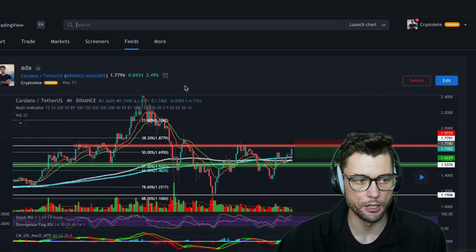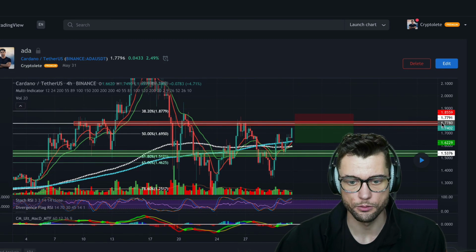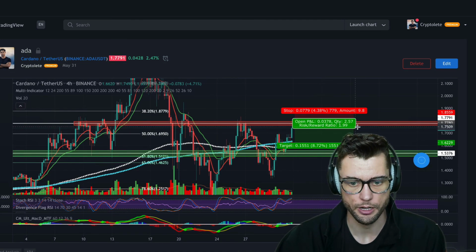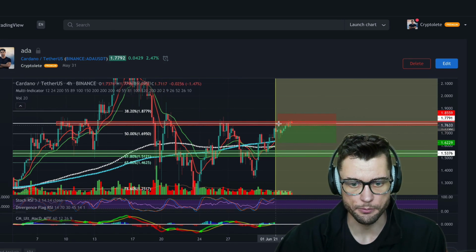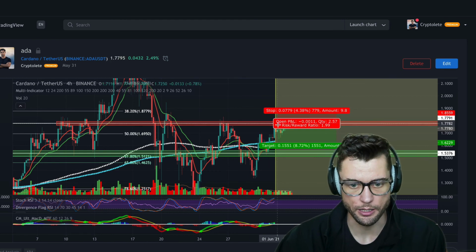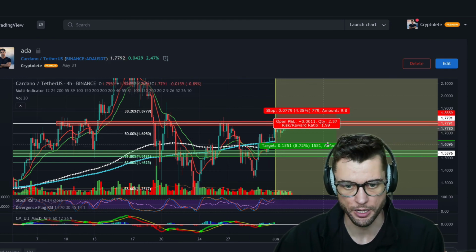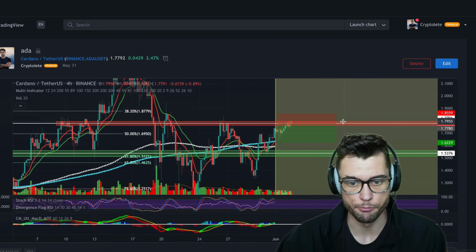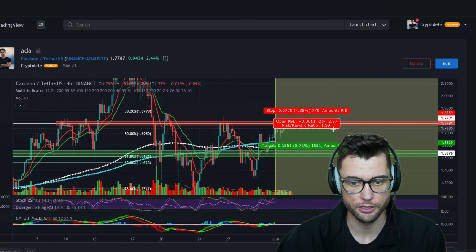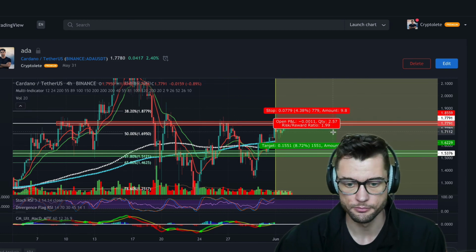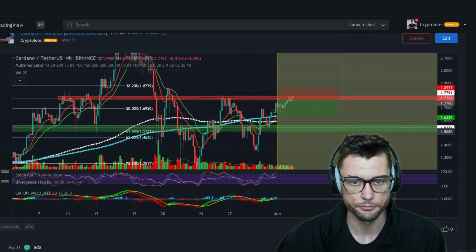And then we have Cardano. I put a short position in right here. You could see it popped up right there and then came all the way back down, but it never hit my target. Now it's actually above where I shorted, so I might end up getting stopped out on this one unless it falls back down.